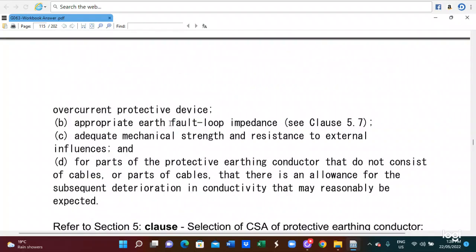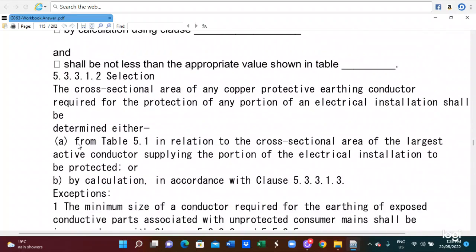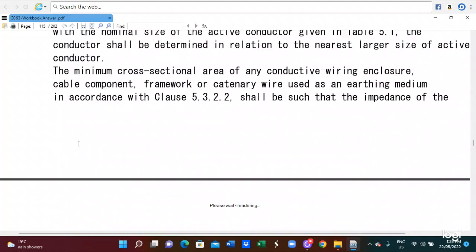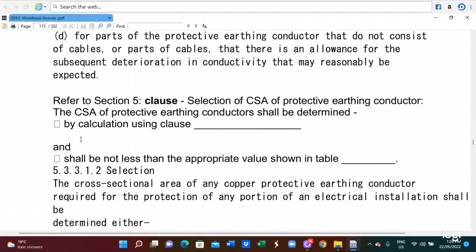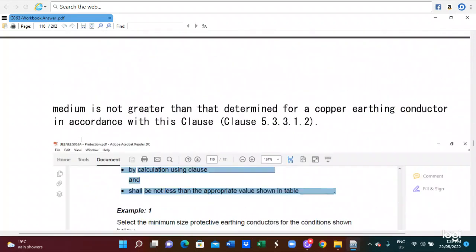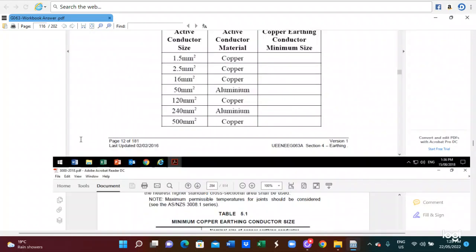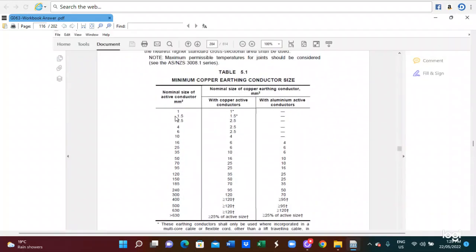For overcurrent protection devices, you also follow those standards. So those standards are where you read it, through 5.3.3.1 and 5.3.3.2, so they have to be utilized. Also you have to read Table 5.1, minimum earthing copper conductor size; you can get it from Table 5.1 or AS/NZS 3000.